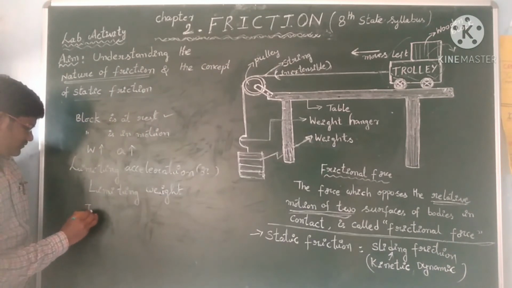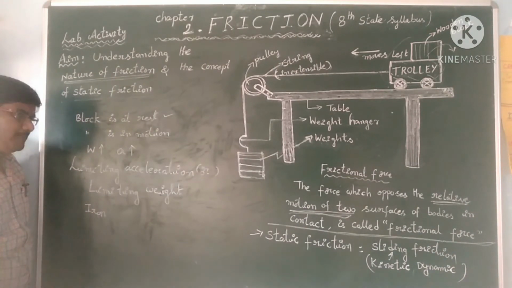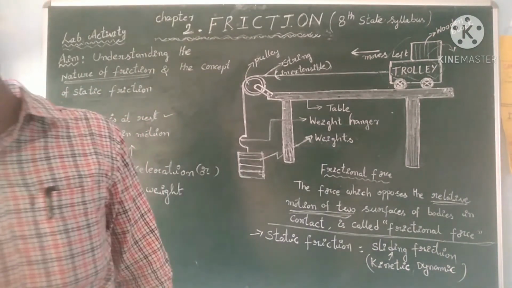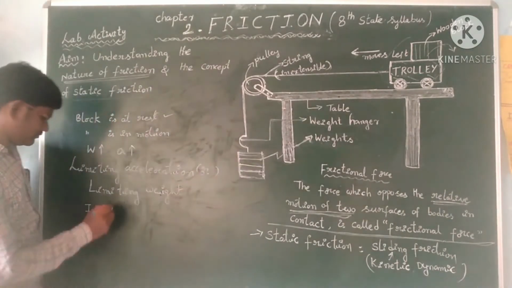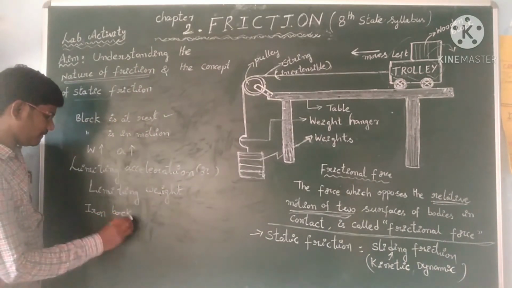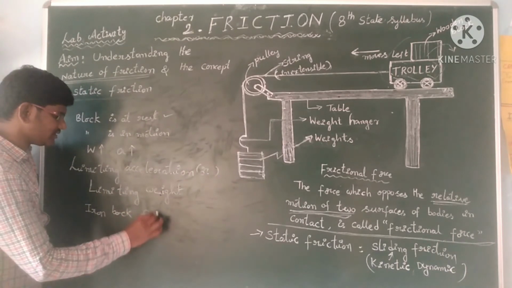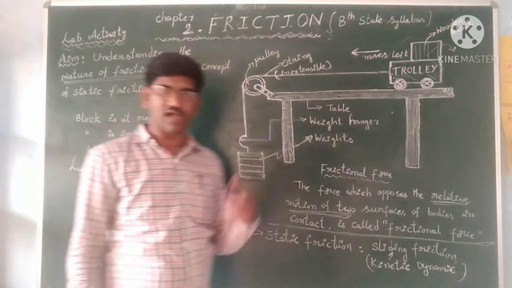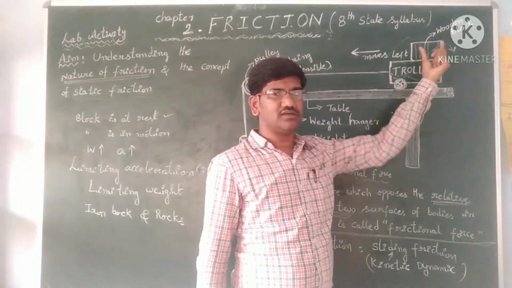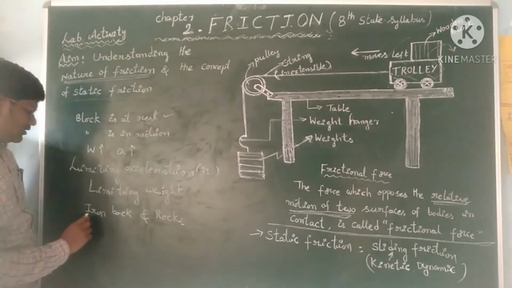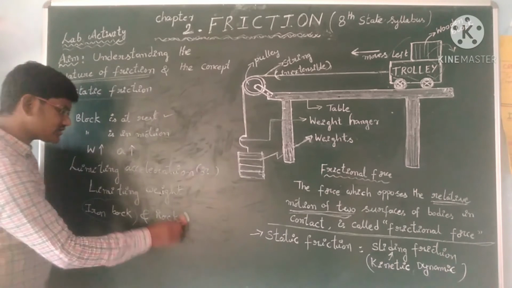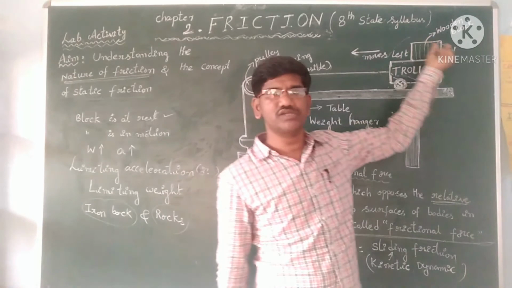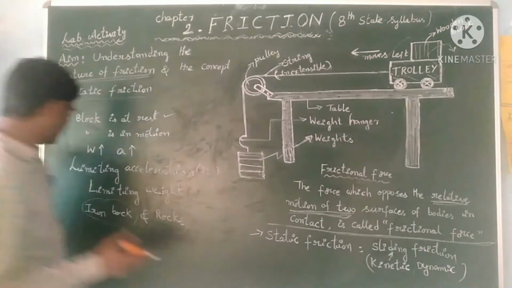Take an iron block and rocks of the same masses and keep them separately on the trolley, and I would like to find the limiting weight.